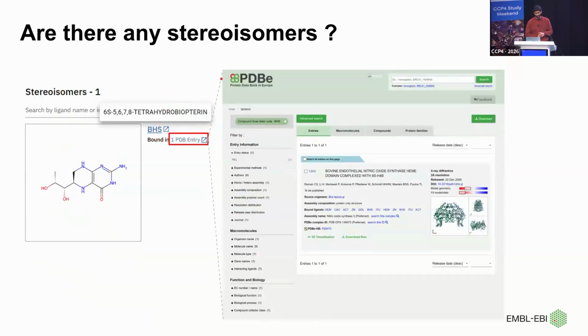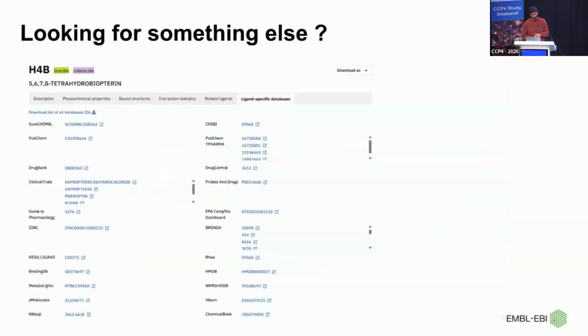We also show stereoisomers, and we give links to the entries they came from, so that if you are interested in a particular entry, you can navigate to those web pages and go through the different information provided there.